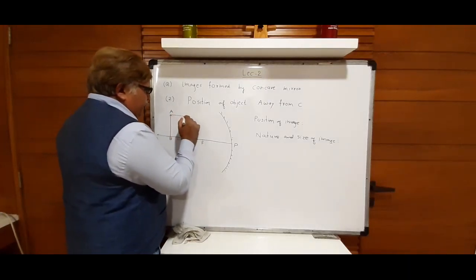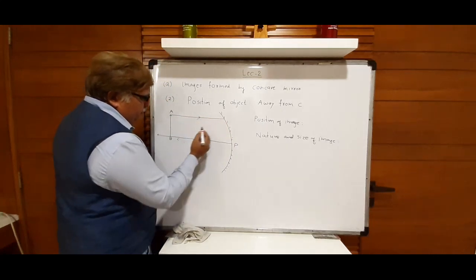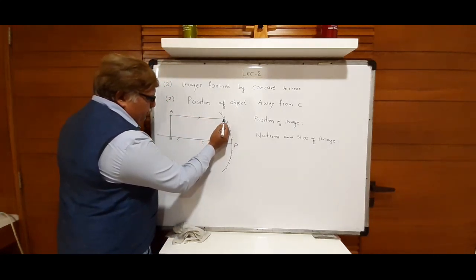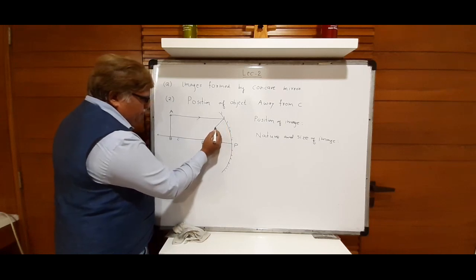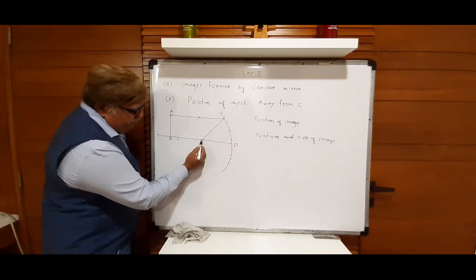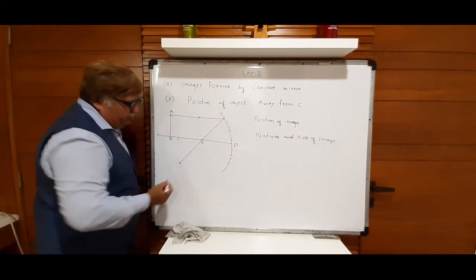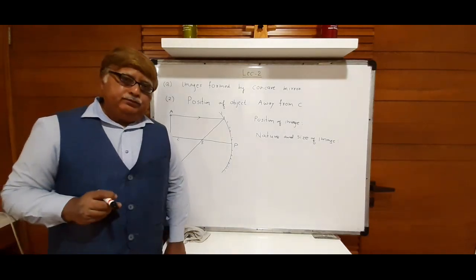First ray parallel to principal axis, and after reflection will pass through focus. Here you have to extend this ray. This is the first ray we have drawn.